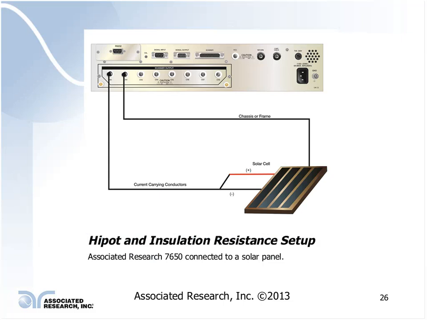In this case, as you can see here, I'm using what we call a multiplexer. The thing I like about these channels on this multiplexer is there are internal relays, so any of these channels can be set to a high point or a low point. That's nice if you have to do a reverse polarity test, because for test number 1 in an automated fashion, I can have relay 1 here set to high, run my Hipot test, relay 2 here set to low so that I have a return path.